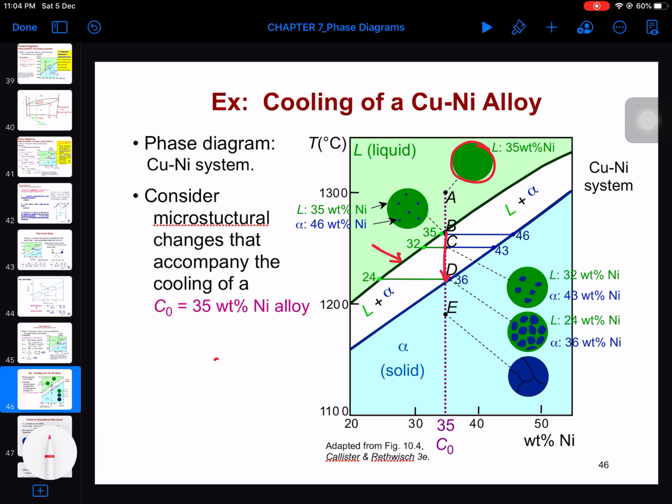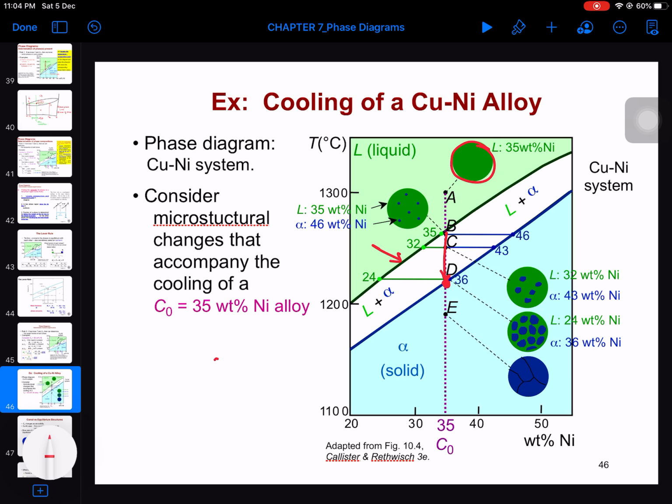and as the temperature decreases within the liquid plus alpha region, the blue dots are getting bigger. It means more and more solid starts to solidify until it crosses the boundary, which is the solidus line, below which everything will be solid.